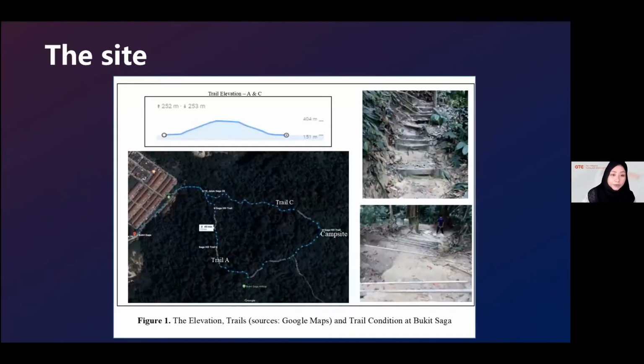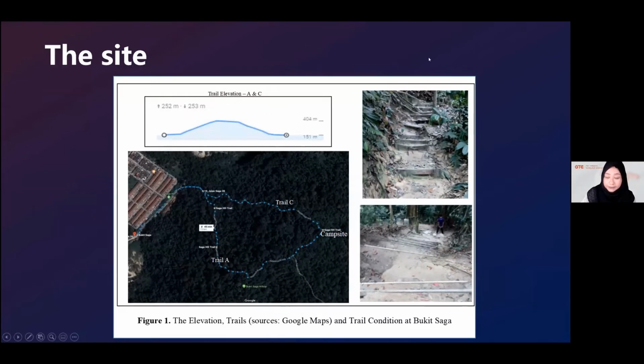So this is the visual of the elevation of trail A and trail C, meaning that you start from the trailhead until you go again to the trailhead.